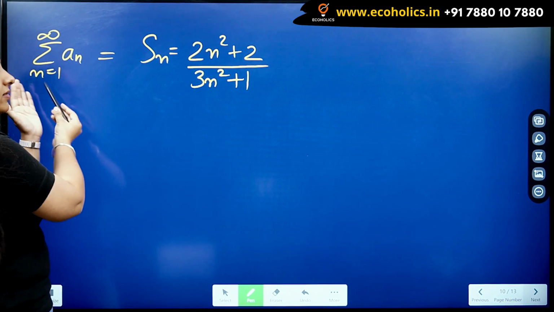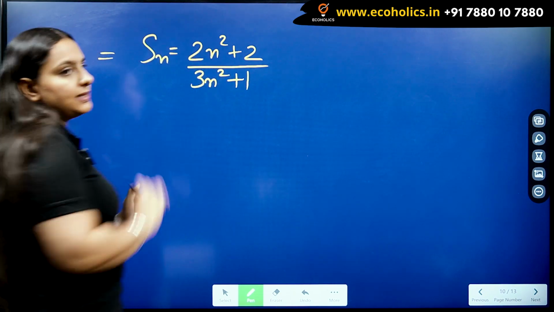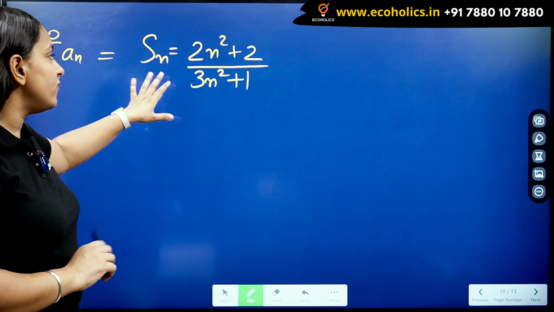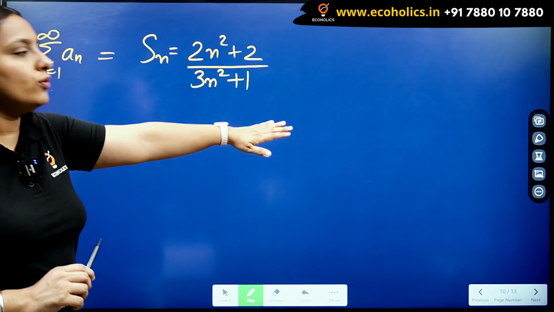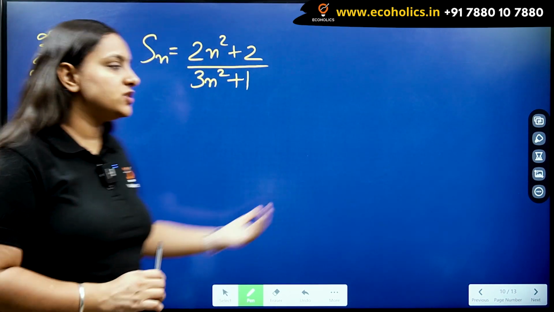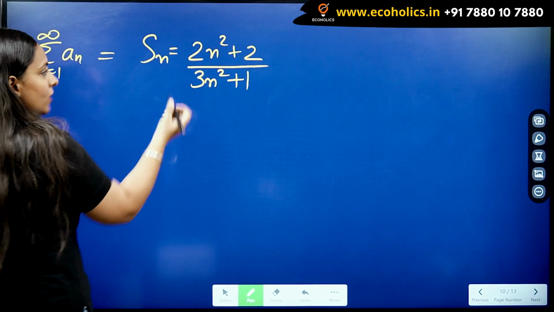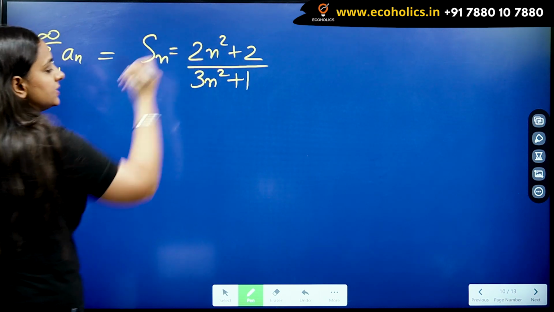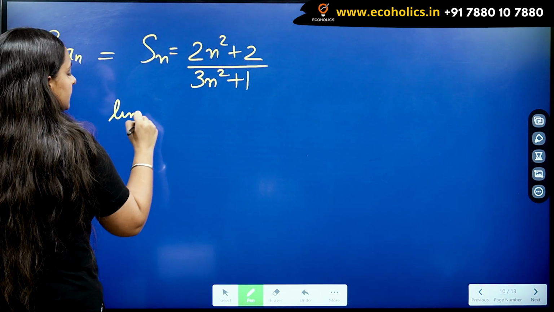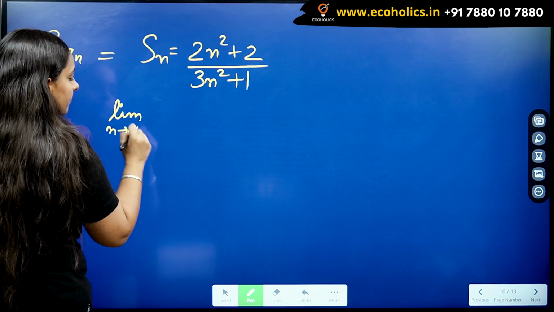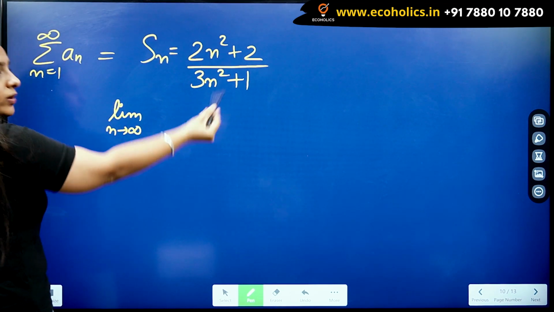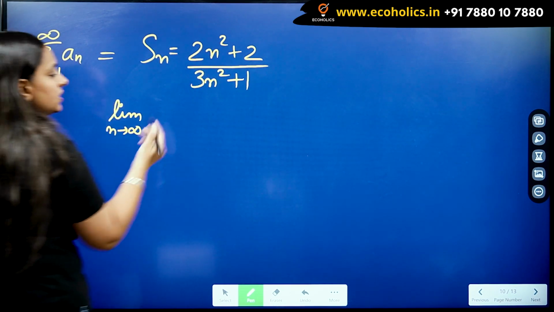They have already written that this is equal to this thing. So what approach do we have to use here? We are going to take it from our previous slide, which I just told you. Because I want to find the value for this, I can take the limit. As soon as I get this value, I would get my answer for the series.